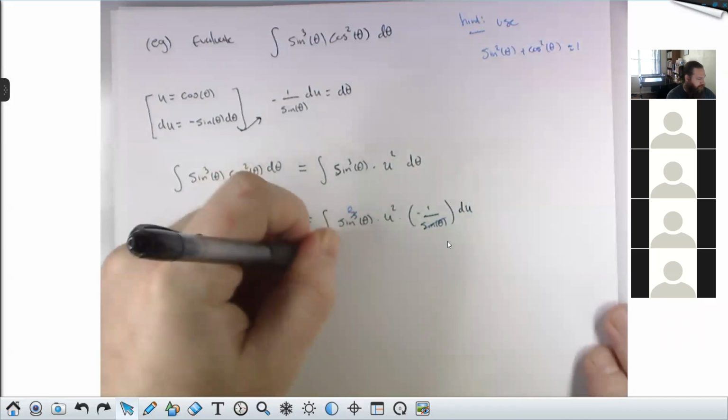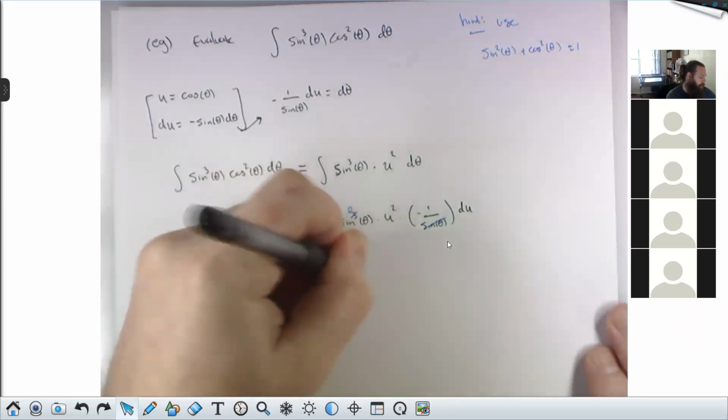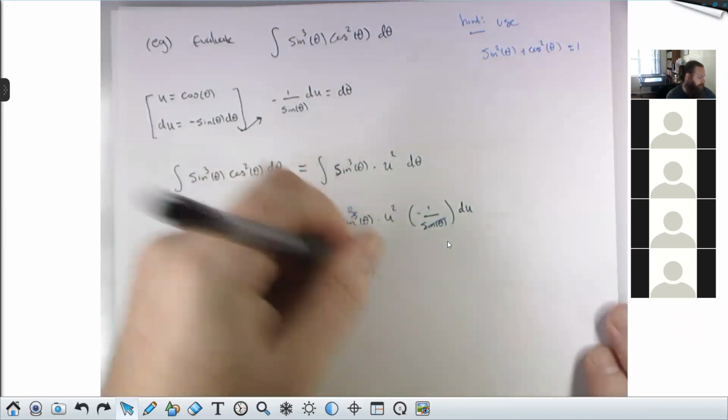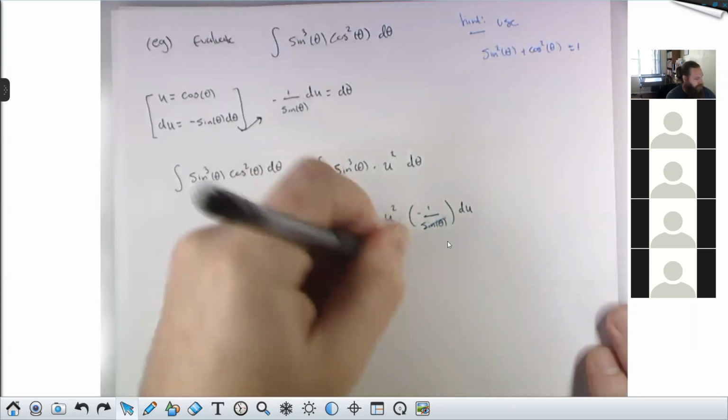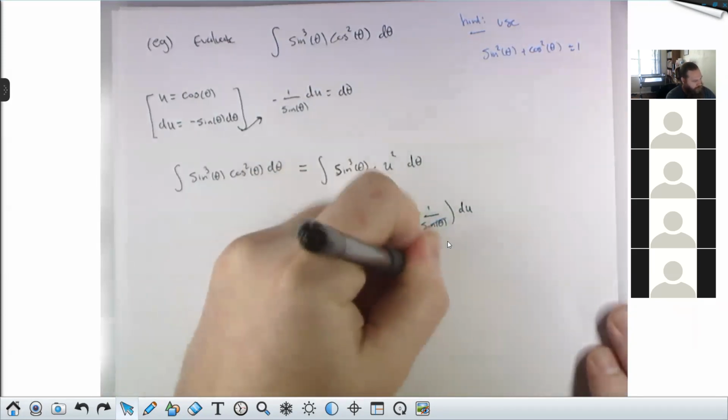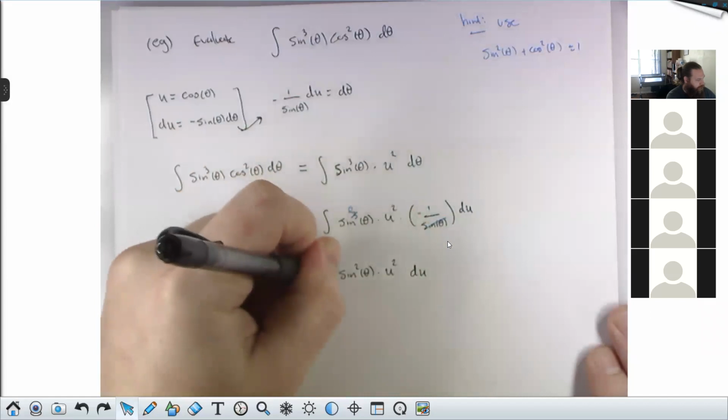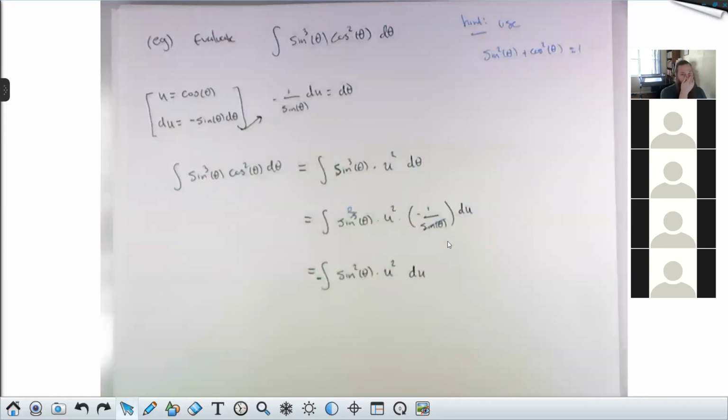So that gets me to the integral of sine squared theta times u squared du, and I can shuffle this negative up front. It still looks like I'm in trouble, doesn't it? Because I still have this old variable stuff floating around. I still have a sine squared theta here.